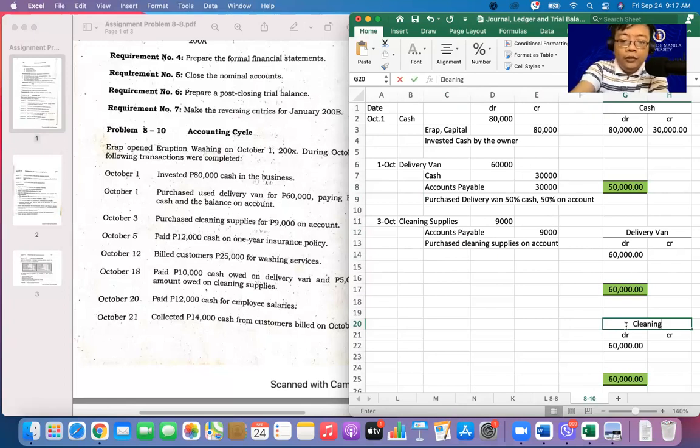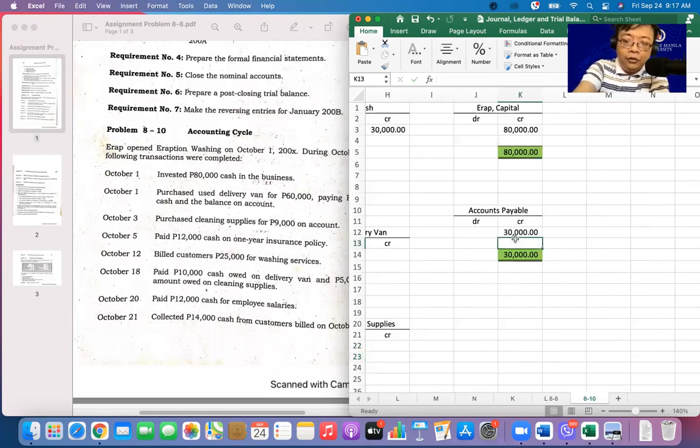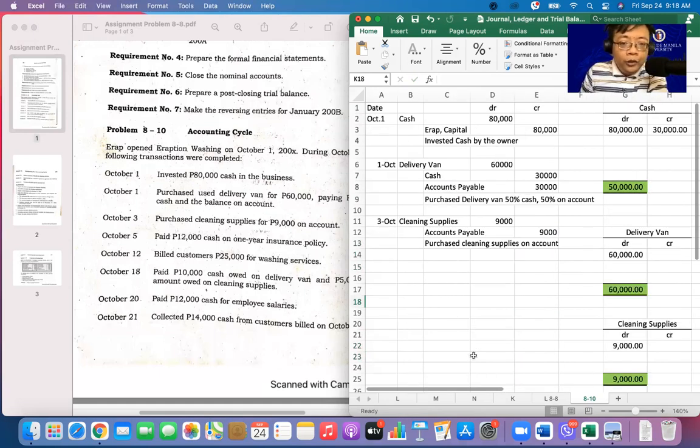So we have here your cleaning supplies and it is worth 9,000. And also you have accounts payable of 9,000. So dumagdag sa ating babayarin. Yes. All right. So we add here 9,000. Next, October 5.